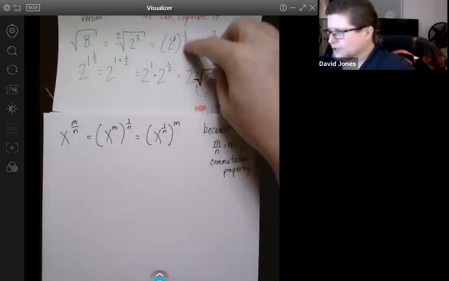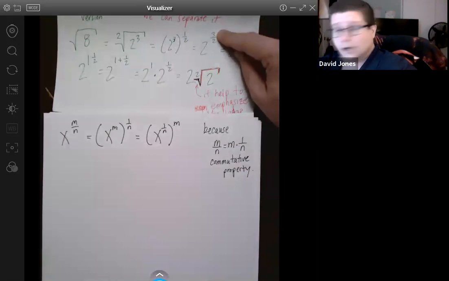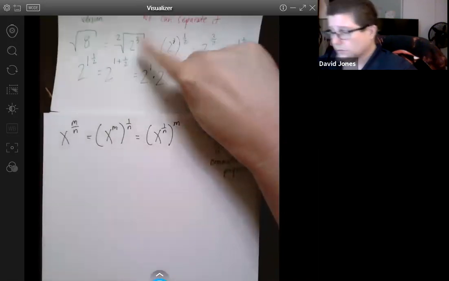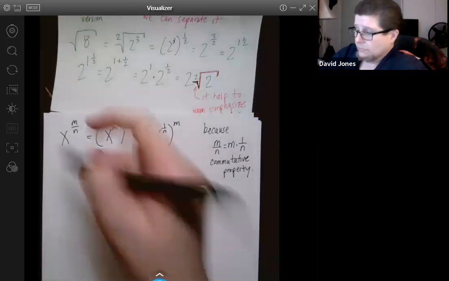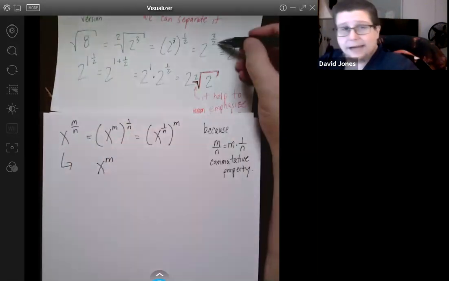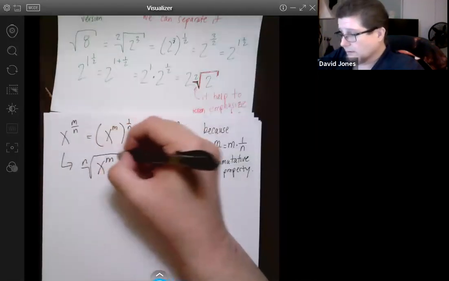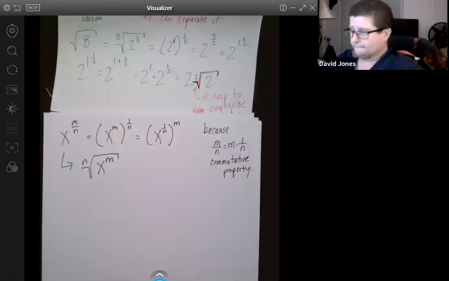And the 3 we had in 2 to the 3/2, the m on top, was inside the radical. And the denominator of the exponent was the index. Okay.